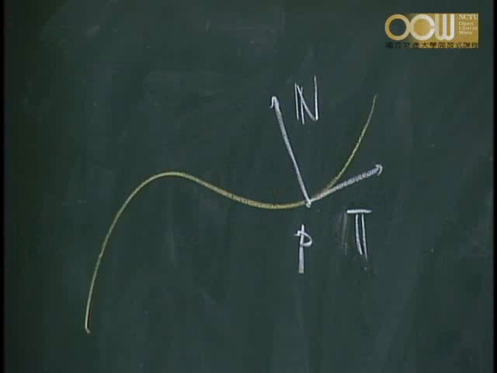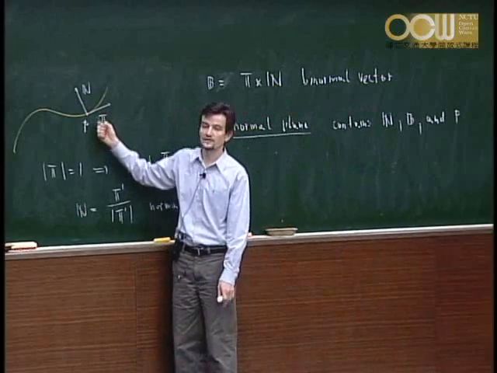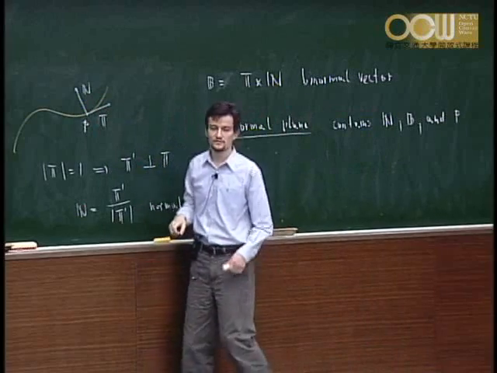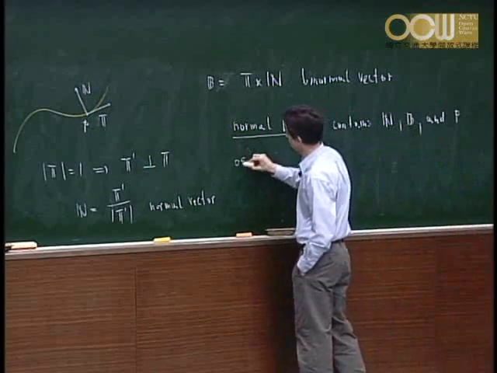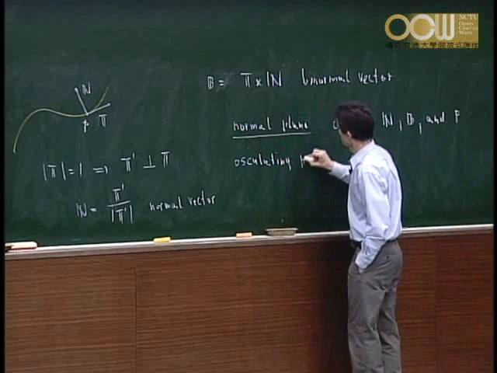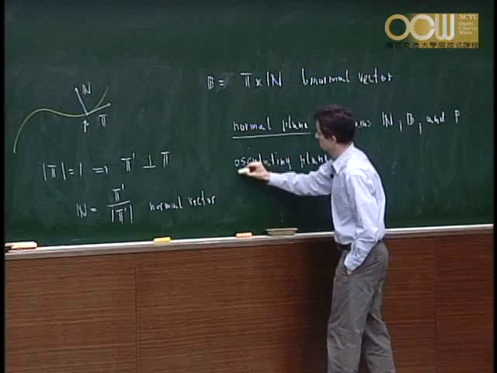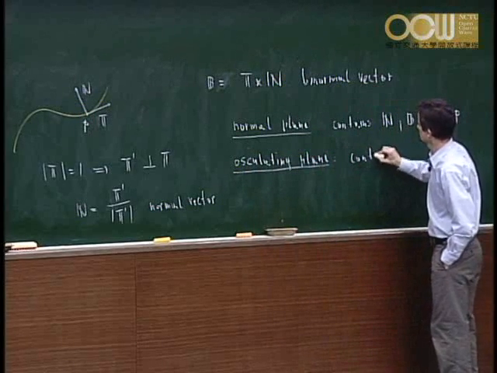But more interesting than the normal plane is the plane which contains the unit tangent vector and the unit normal vector. This plane is called the osculating plane. So the osculating plane contains.